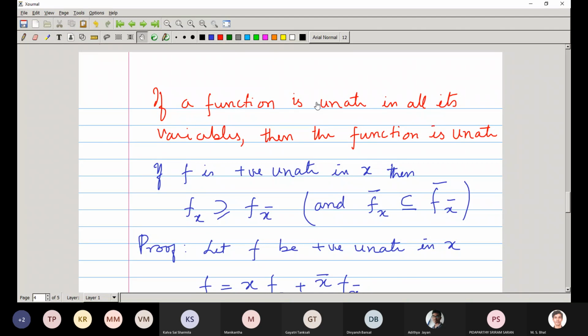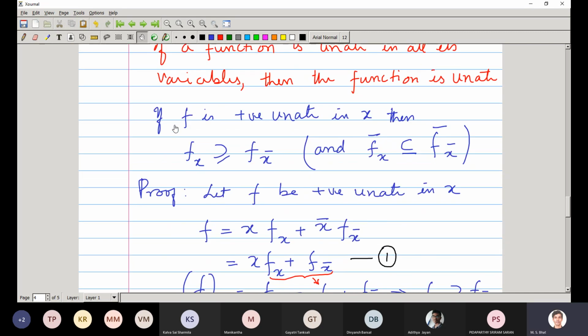So if a function is unate in all its variables, then the function is said to be unate. If F is positive unate in X, what does that mean?